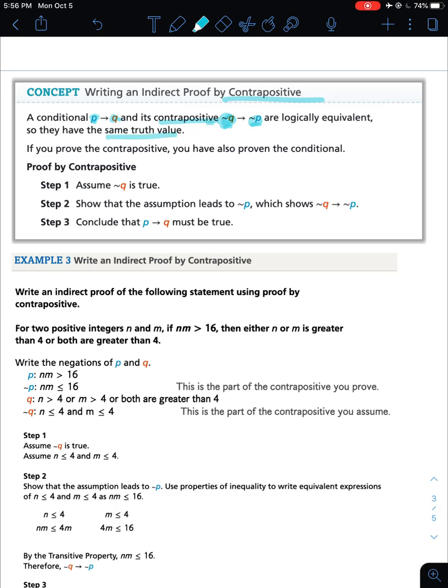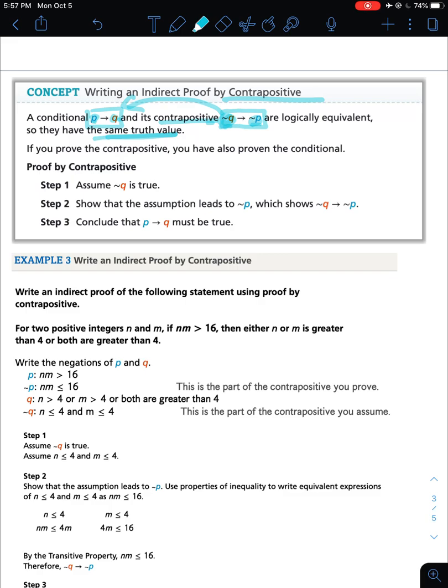That means they have the same truth value. So if I can't prove that if P then Q is true, but I can prove that if not Q then not P is true, then that makes the original conditional also true.